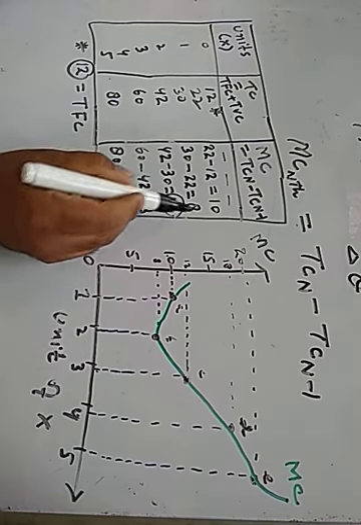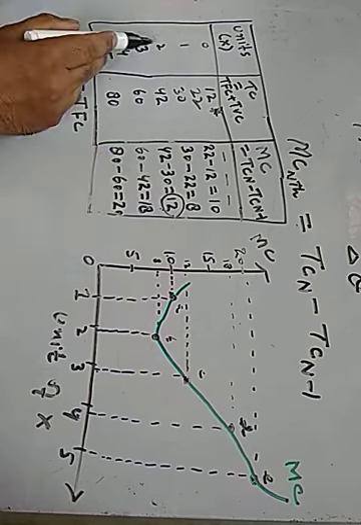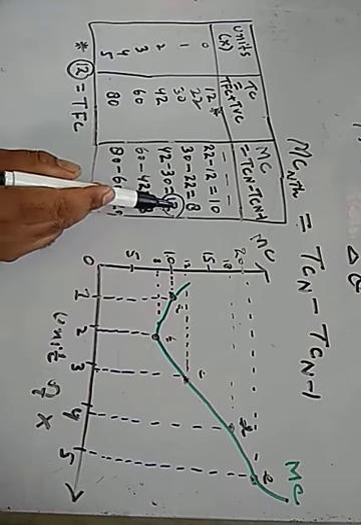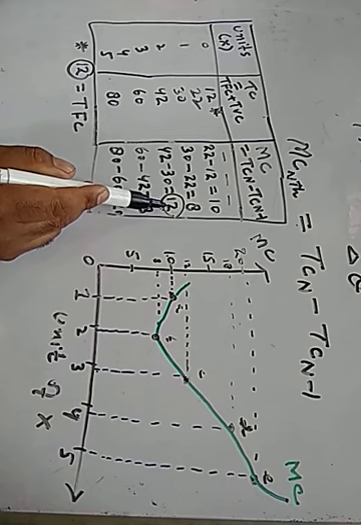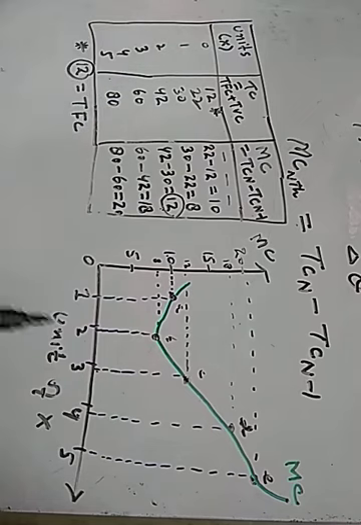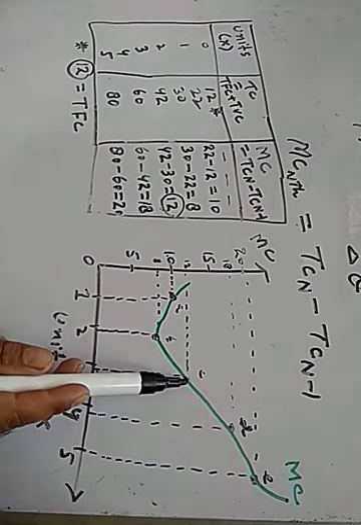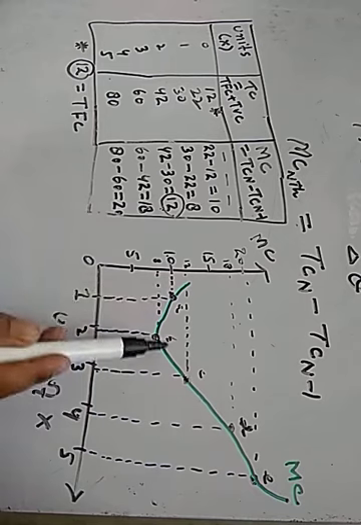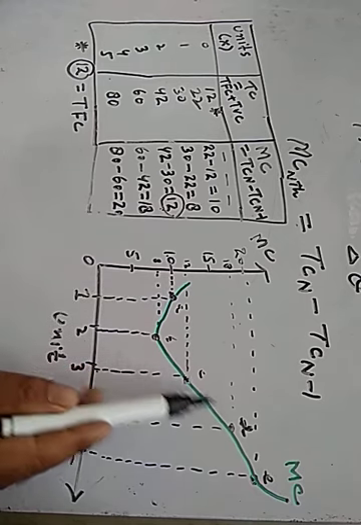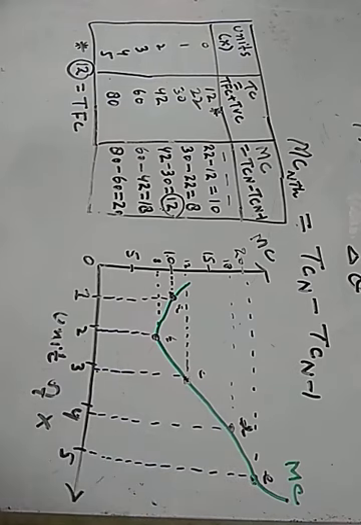Up to 2 units it decreases, 10 to 8. Then it starts rising after this level of output, to 12, 18 and 20, shown in this curve by these points C, D and E. That is the rising part of this marginal cost curve. In this way, we obtain a marginal cost curve.